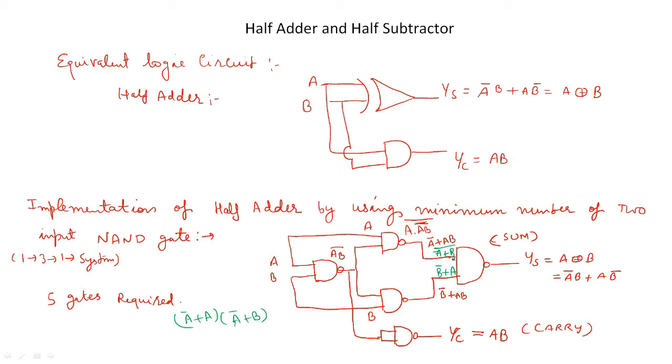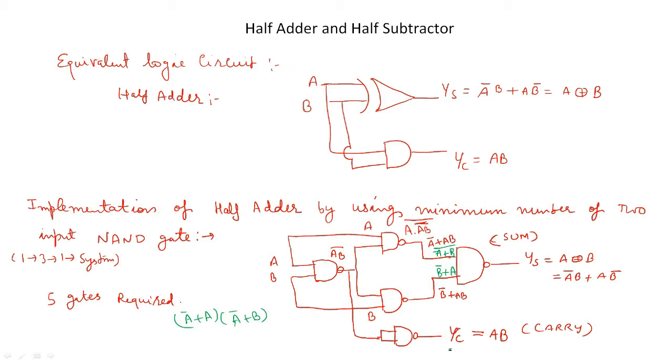After the two inputs of A bar plus B and B bar plus A, here we get an output that will be equal to an exclusive OR gate, and it is equal to A bar B plus AB bar. Similarly, after this NAND gate you are getting an output AB whole bar.